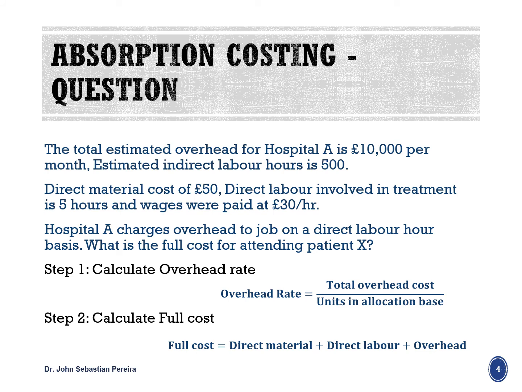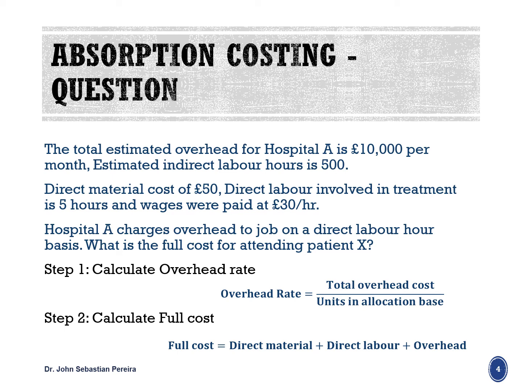Let's try and put some numbers to the previous explanation. So let's consider a hospital which has a £10,000 per month indirect cost associated with the salary of the receptionist. Let's say in that period, the total indirect labor hours were 500 hours.